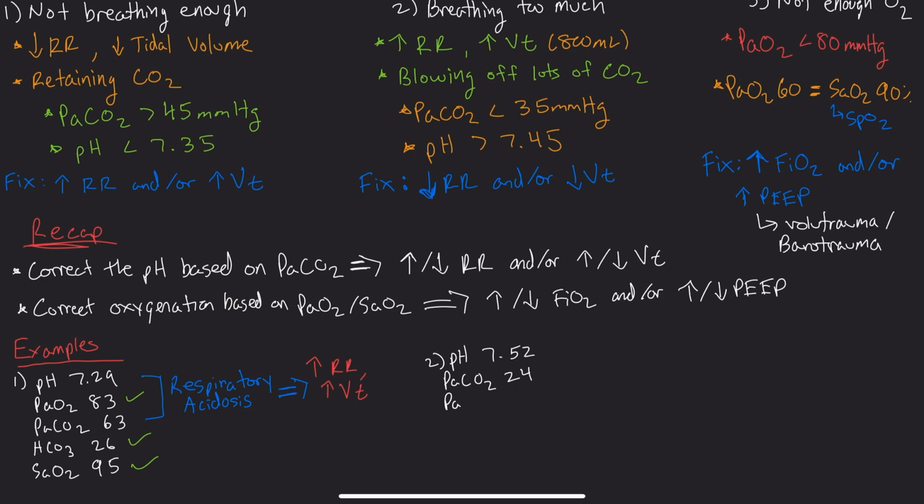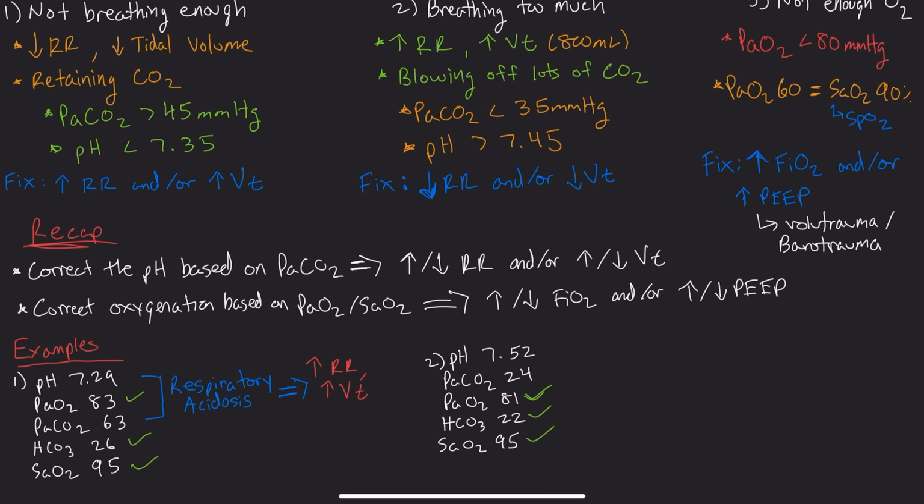You have a PaO2 of 81, bicarb of 22, and oxygen saturation of 95. All right, once again, you see the pH is elevated. You see the PaCO2 is low. PaO2 is normally 80 to 100, so that's good. Bicarb 22 to 26, that's good. Oxygen saturation 95 to 100, perfect.